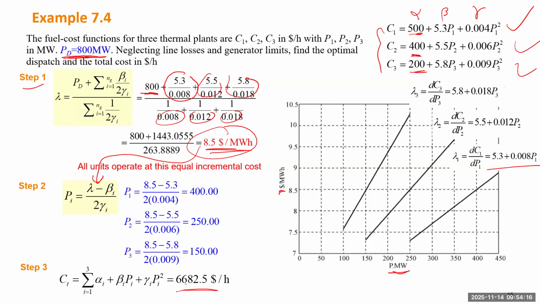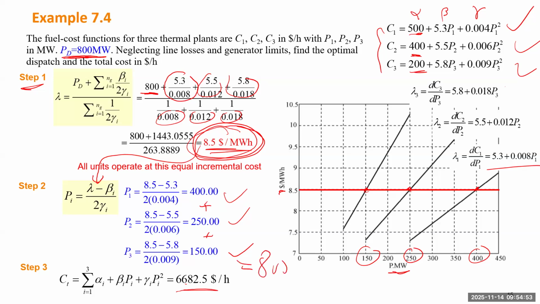And from our step 1, we know they have to operate at $8.5 per megawatt hour, which indicates a horizontal line at 8.5. That line intersects with the 3 linear curves at 3 points. If you check those three intersection points, they are 150, 250, and 400. Those are exactly the outputs of the 3 units. And if you add them together, they give you 800, right?